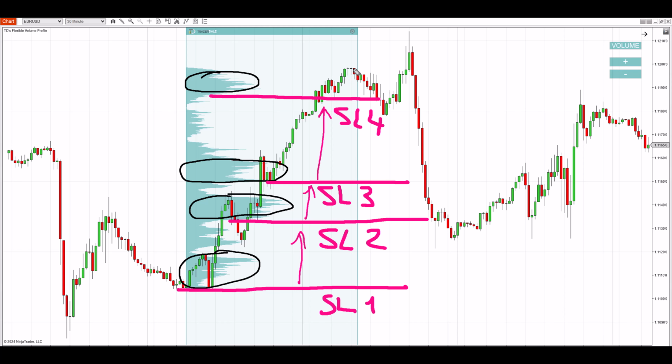If a price goes past a barrier, then there's no point in staying in that trade. You can look at those barriers as a sort of shield which protects you from the price going against you, right? If the price goes past that shield, past that barrier, then you should quit your trade.